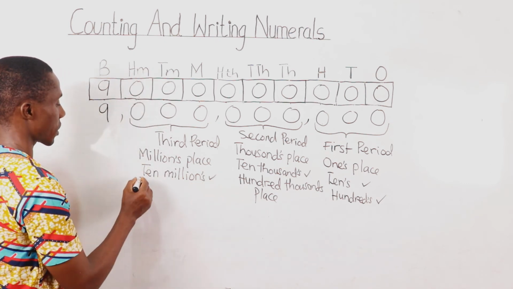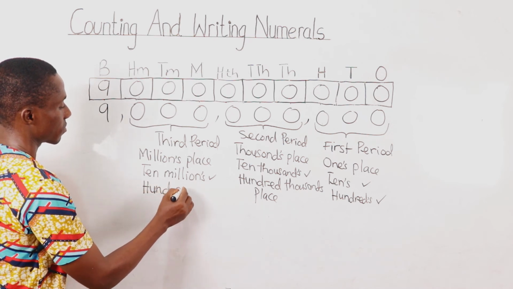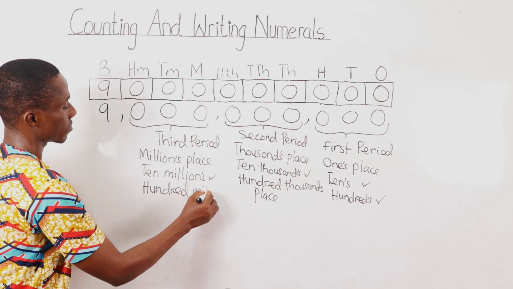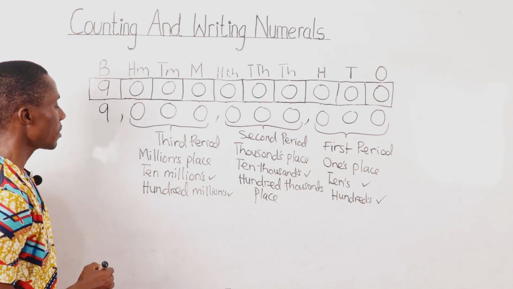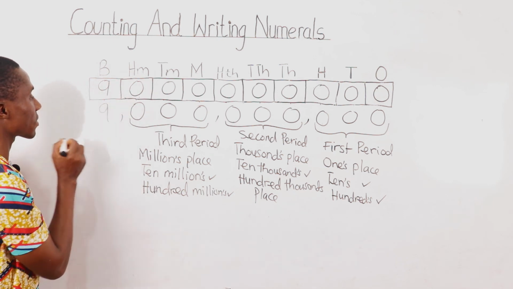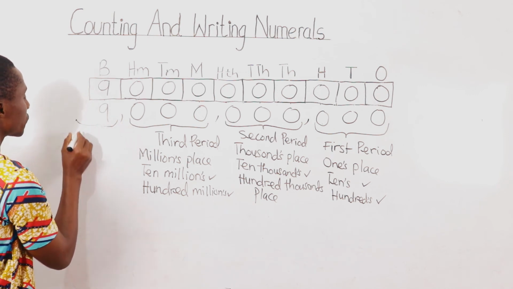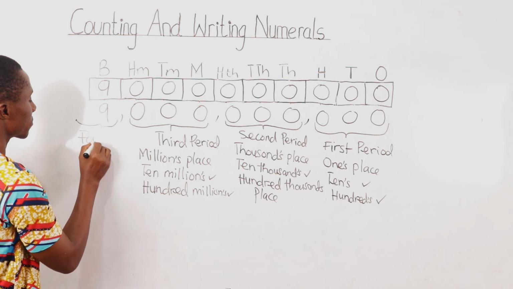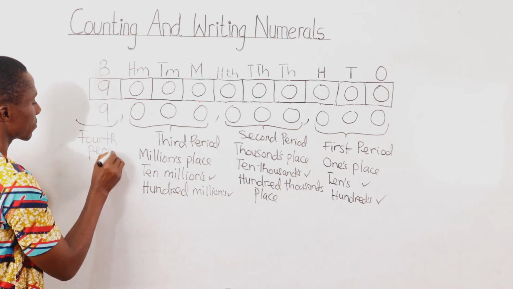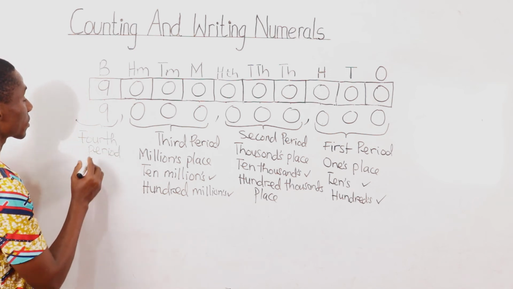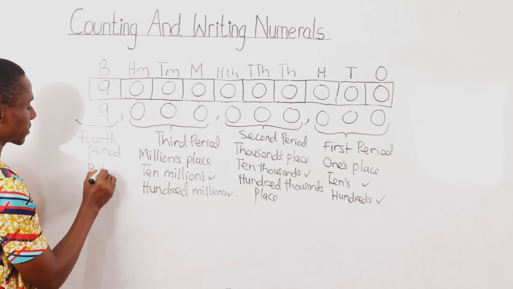It also contains the 100 millions place. And then our last period, which is the fourth period, contains the billions place.